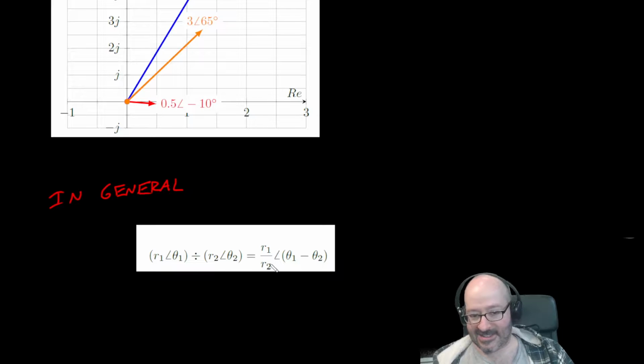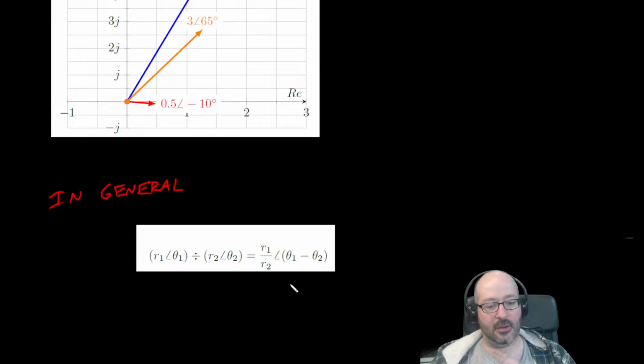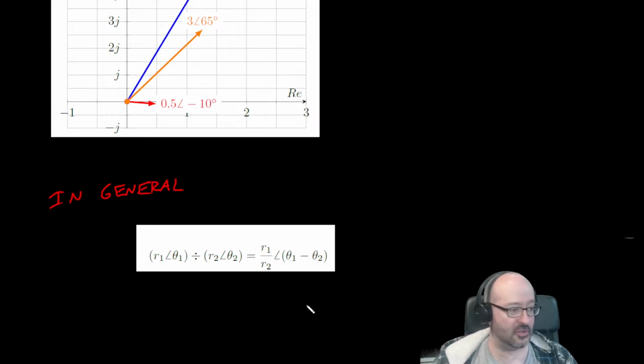The second one gets divided into the first one, and then because I negate this angle, when I end up multiplying, it becomes θ1 minus θ2. So order ends up mattering, just like it does in division here. Okay, so we're still stretching and rotating, we're just doing the opposite, right? We're dividing the magnitudes and we're subtracting the denominator's angle from the numerator's angle. Okay, and that's division. You've been doing this all along. Now we're doing it in 2 dimensions.